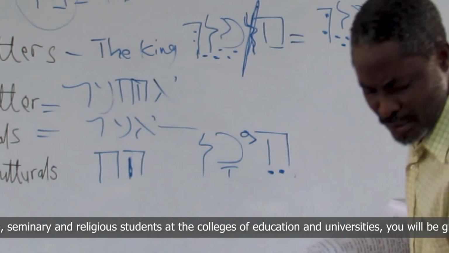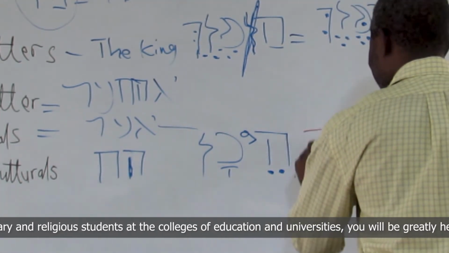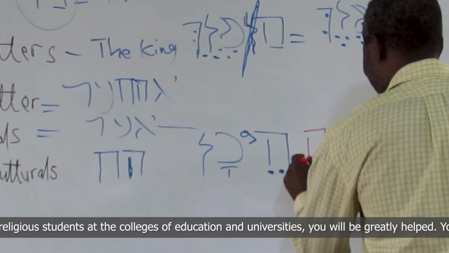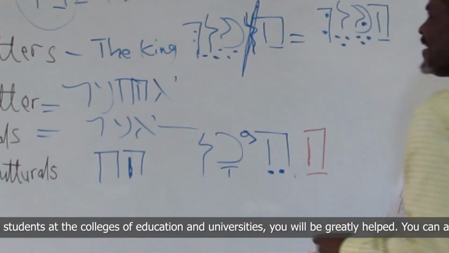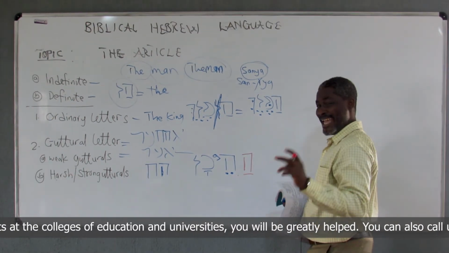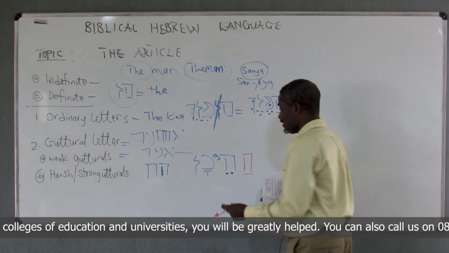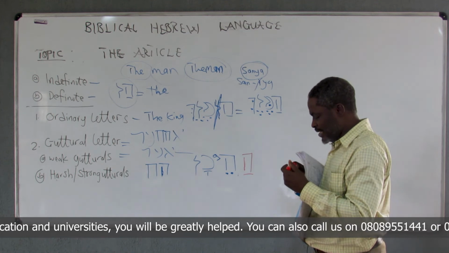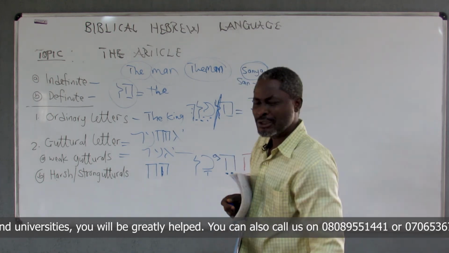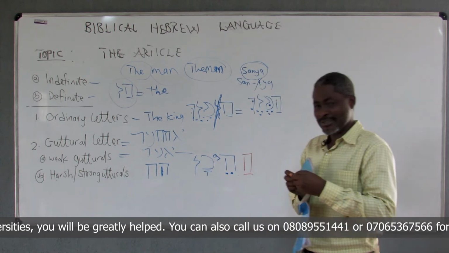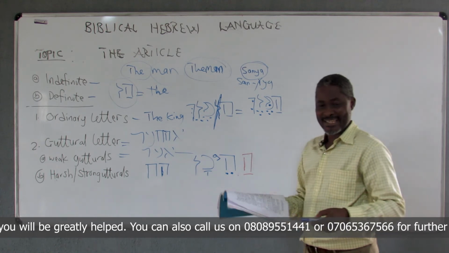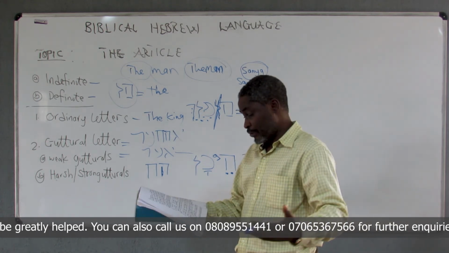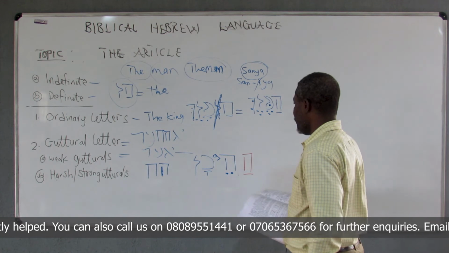So what you just do is simply write the ha with a pata. Why? Because the elongation, the making long of the vowel, is already implied in the harshness of the guttural itself.